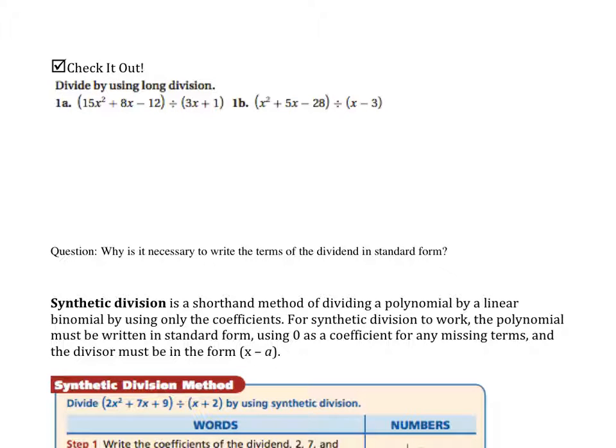So do long division. Again, make sure you're written in standard form with your dividend.